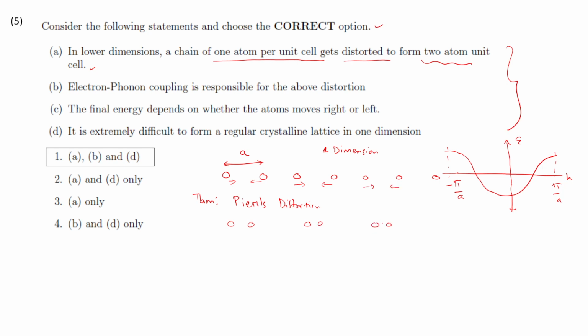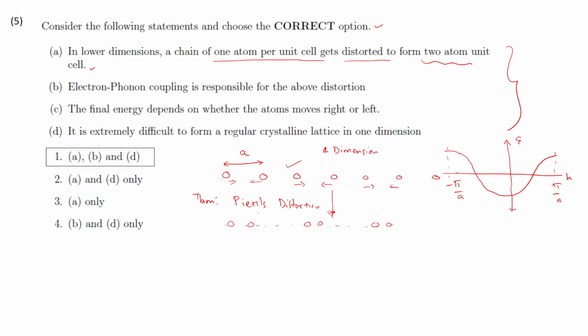So what you have is a dimer kind of chain, and it is proved that this is more stable than this one. That is why, energetically, from this configuration it will try to jump to this configuration. That is why this will get distorted to form this two atom unit cell.